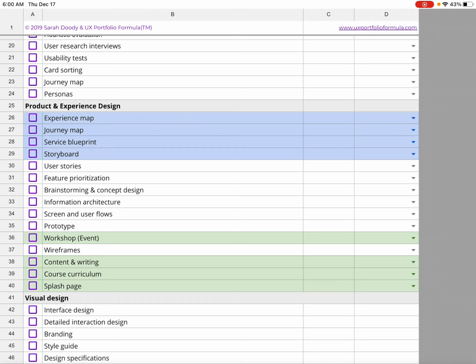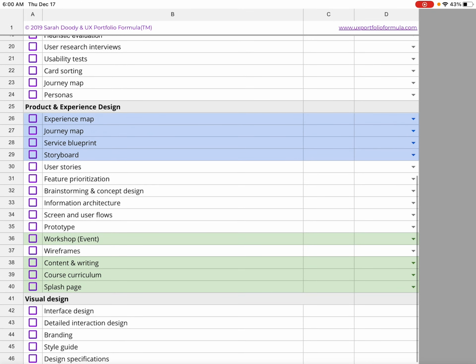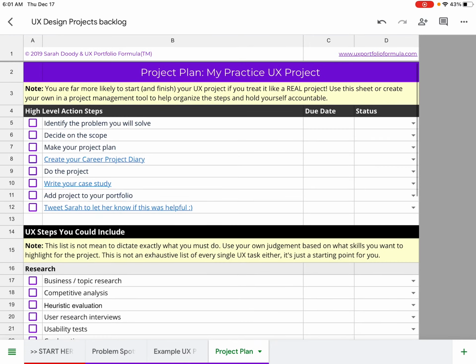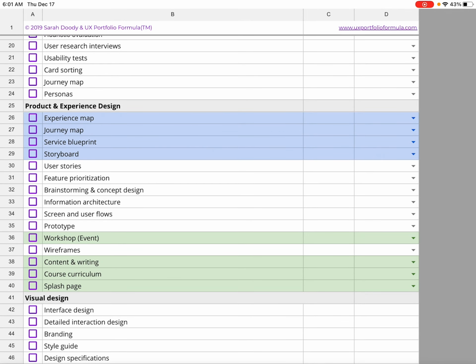So you want to scope down which parts of your project you're going to do. You don't have to pick all of these. I would definitely say you maybe want to pick one or two when you're designing your project plan up here, and then put some dates down, plan your activities, gather your tools together, get your work done, and then start to capture any sort of feasible evidence from that process so that you can put it in your portfolio.